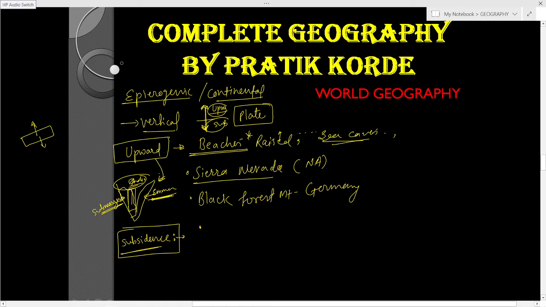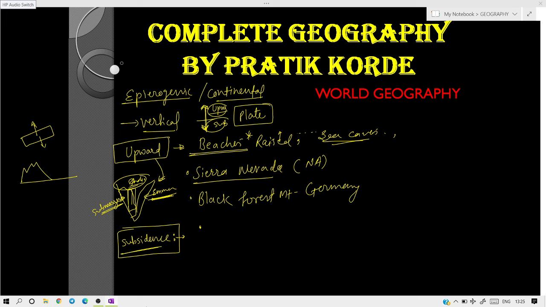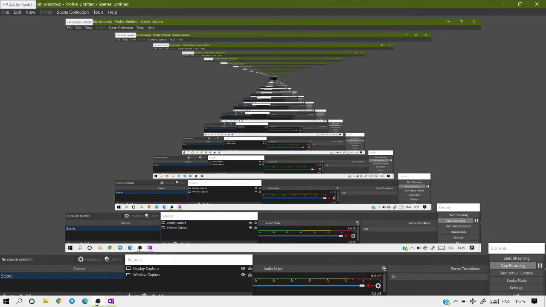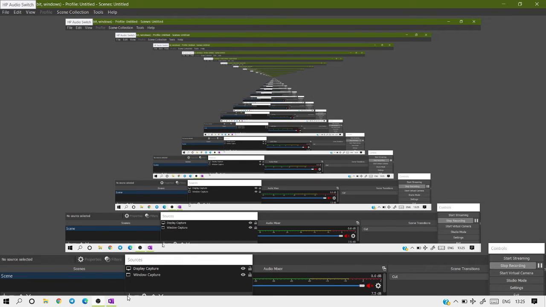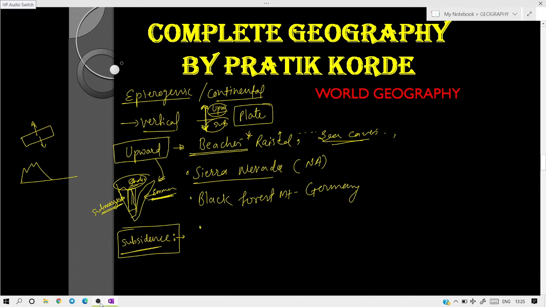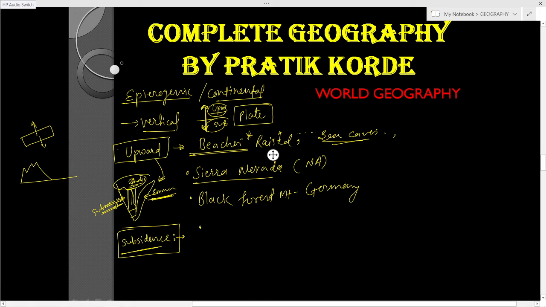Next is subsidence. I have given you what subsidence means. Basically, if you see Western Ghat, okay. So subsidence, there are certain examples.